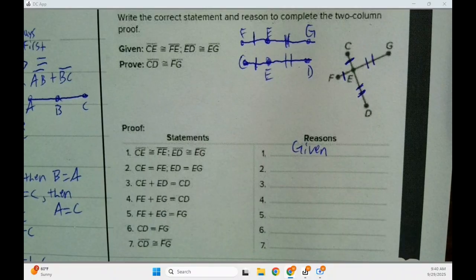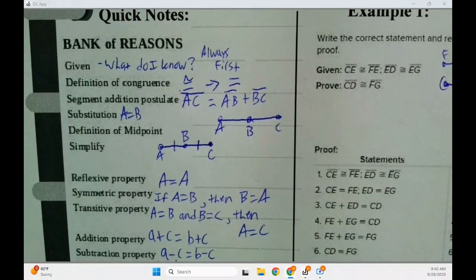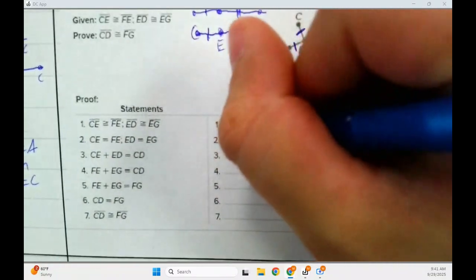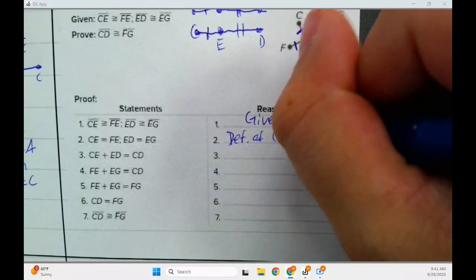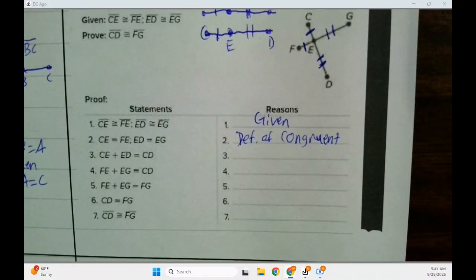Yeah, so I go from congruent to equal. Which of these reasons tells me I'm allowed to do that? Go from congruent to equal. Yeah. The definition of congruence, right? I'm going to put def of congruent, right? The definition of congruent. If I go in between congruent and equal, it's because it's the definition.